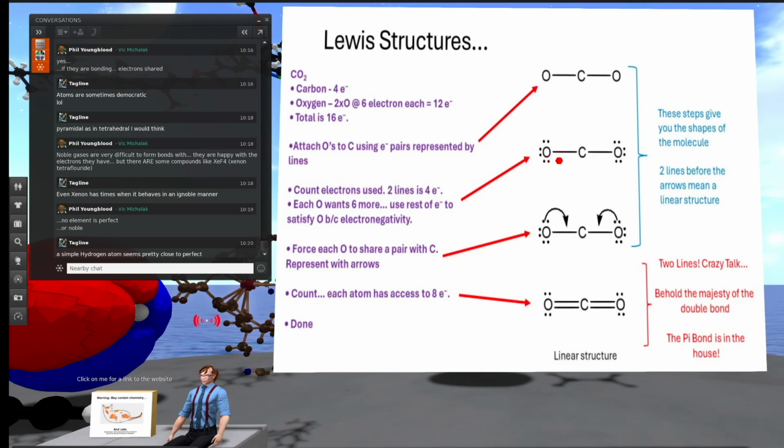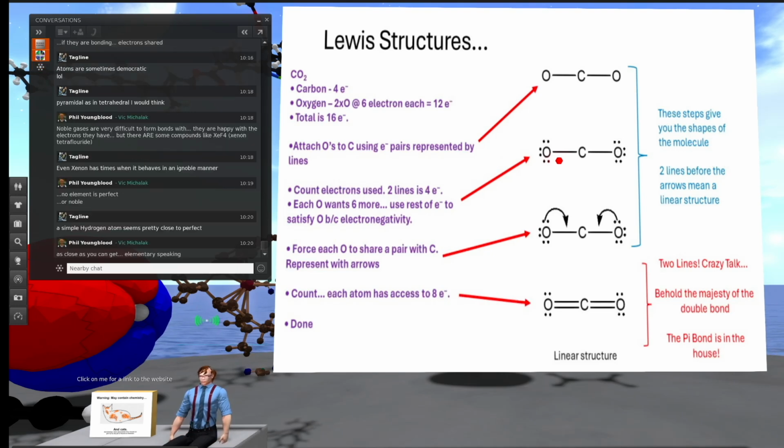It's a measure of how atoms attract electrons in bonds to themselves, right? Oxygen pulls at electrons in bonds more powerfully than carbon does. The trend in electronegativity is it increases the more you go to the right of the periodic table, and it increases the more you go up in the periodic table.